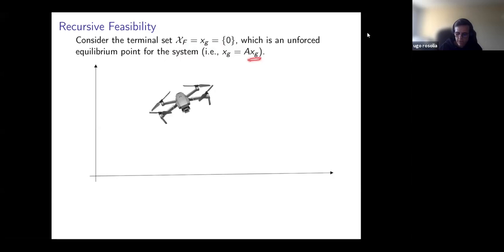This means that if we have reached the origin and we don't apply a control action, we stay there. If we apply 0 acceleration and our velocity is 0, we're going to stay at our origin, which represents the height where we want to hover our system.